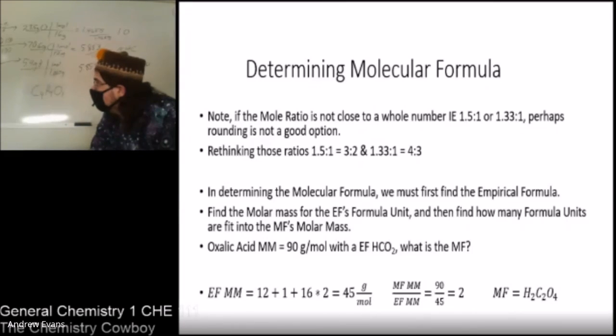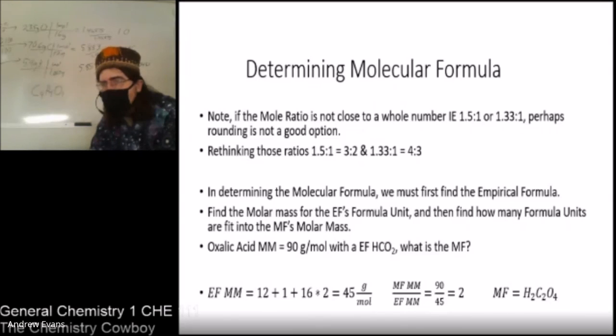So oxalic acid would have an empirical formula of H1C1O2, and it has a molar mass of 90. So what you have to do is first calculate the weight of the empirical formula and determine how many times it goes into the molecular formula.